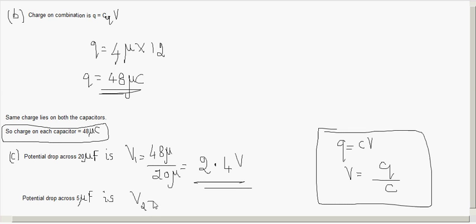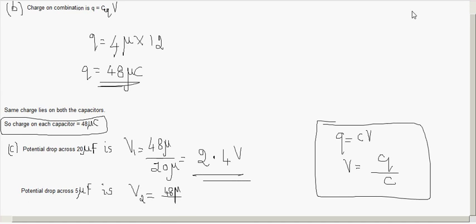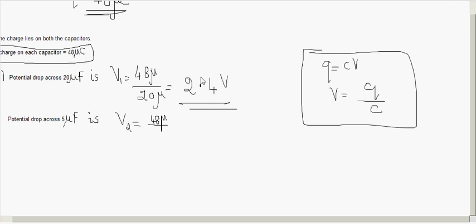V2 is equal to 48 micro divided by 5 micro, which is equal to 9.6 volts.